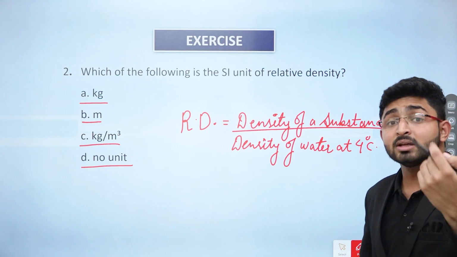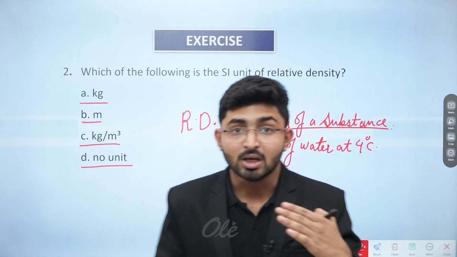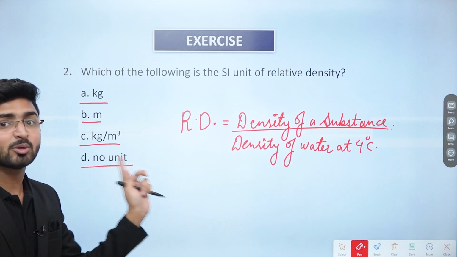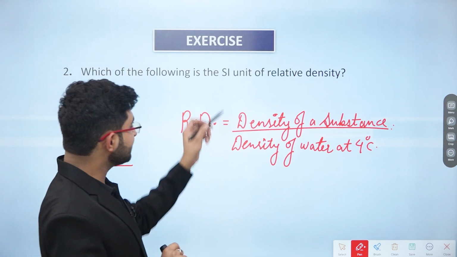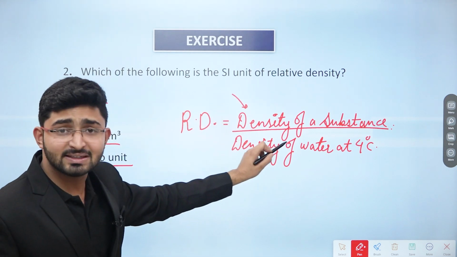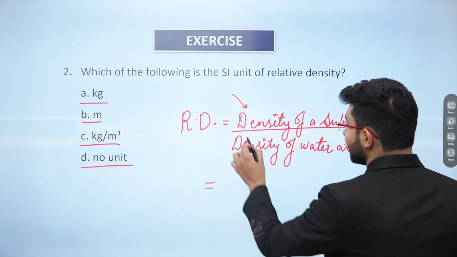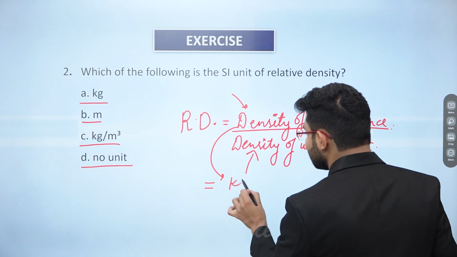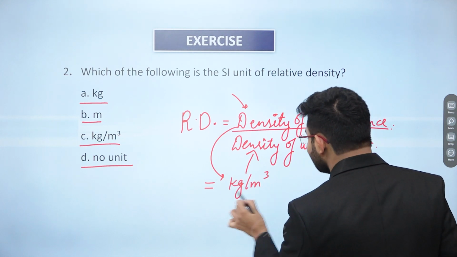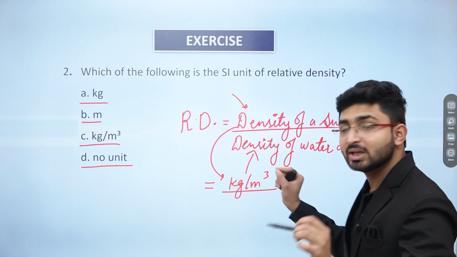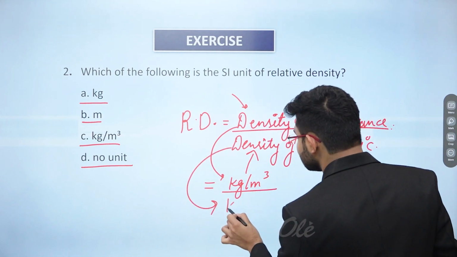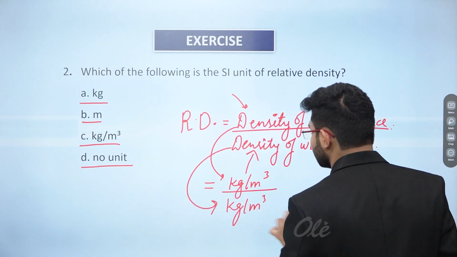Now the question is asking what will be the SI unit. We can derive the SI unit with the help of the formula. In the formula you can see that in the numerator it's density and in the denominator it's also density. We know that the SI unit of density is kg per meter cube, and in the denominator it is again density, so we write its SI unit, kg per meter cube, again, right?